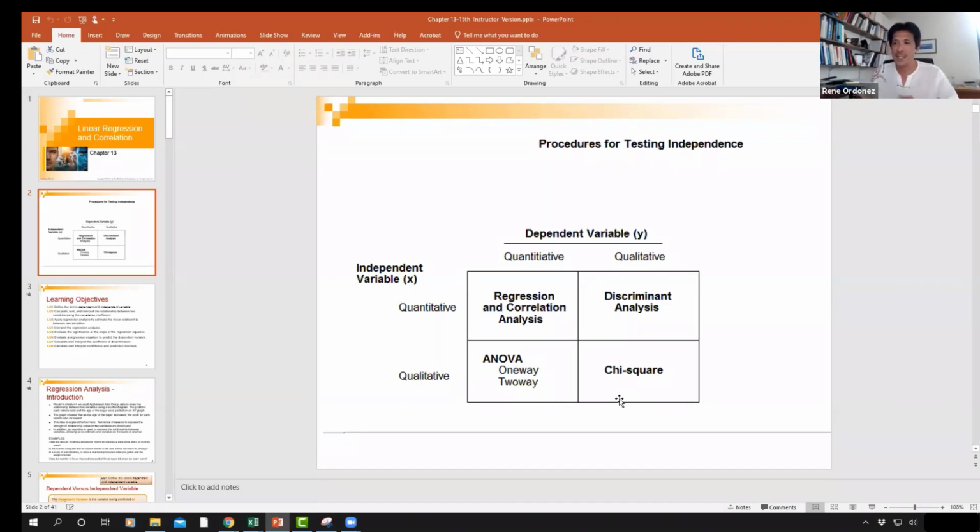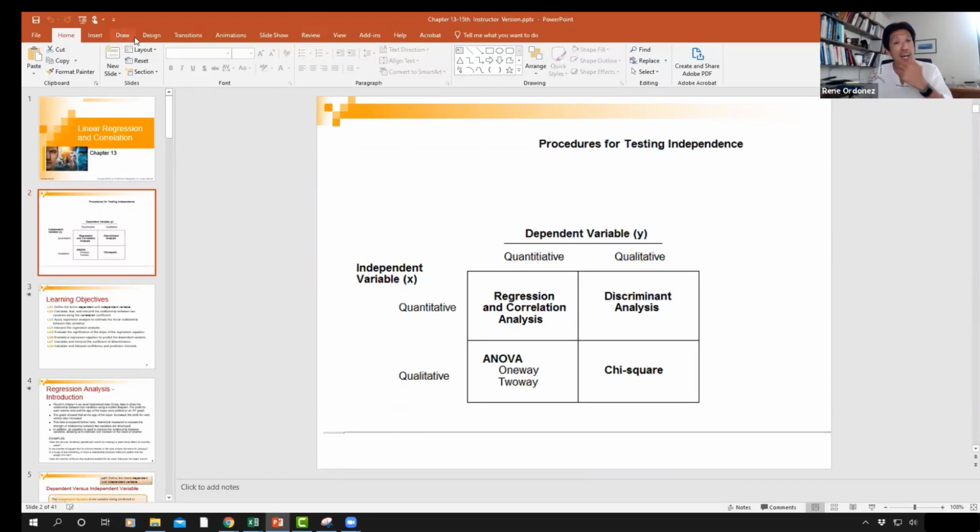That is, if we are interested in determining how a particular variable of interest, which we call the dependent variable, relates to a predictor variable, we look at the classification of the variables. Once we're able to classify them into these 2 categories, we're able to pinpoint the appropriate procedure.